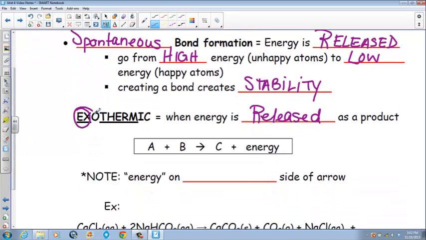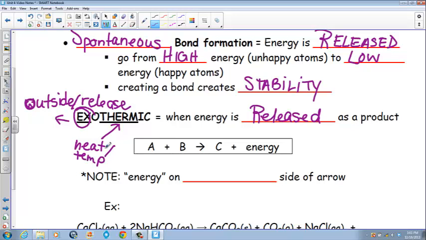So exo, or we could say X, meaning outside or to release, and therm, which would mean heat, temp, or energy.